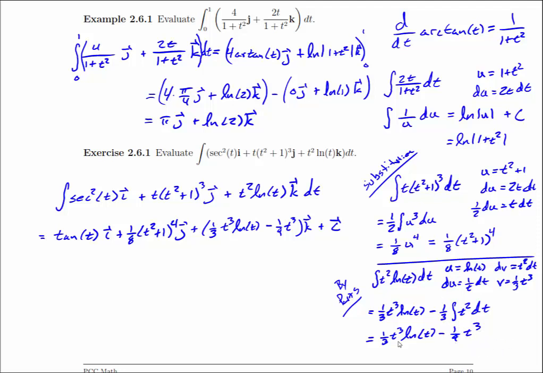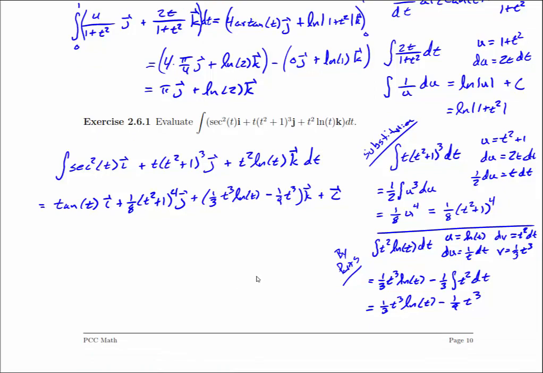Again, the plus c I'm not going to put right here. I take this antiderivative and plug it in right here for my k direction. And then generally, as I'm taking the integral of all of this, we have plus some constant vector off to the side since this is an indefinite integral.